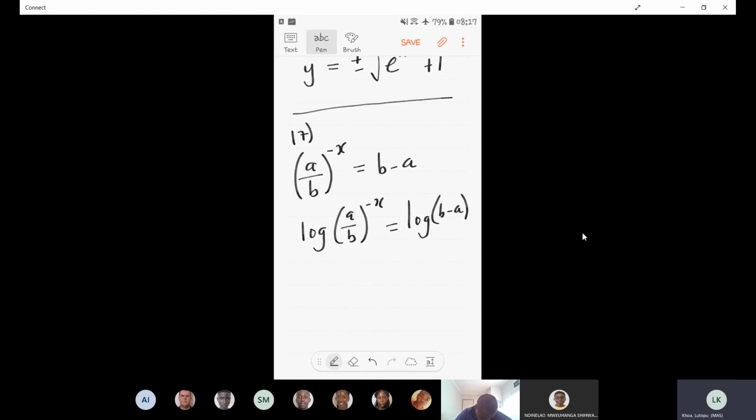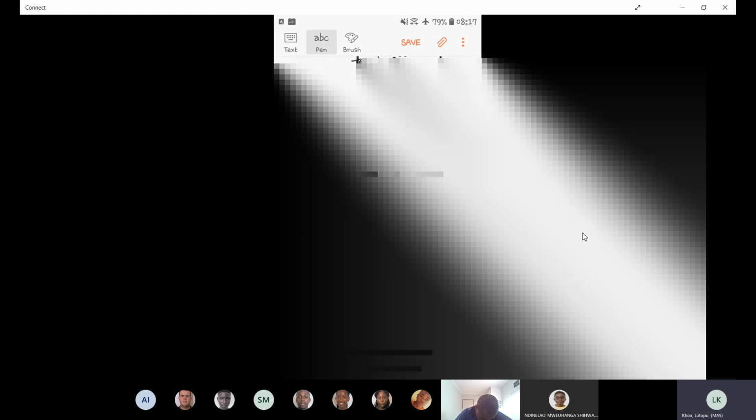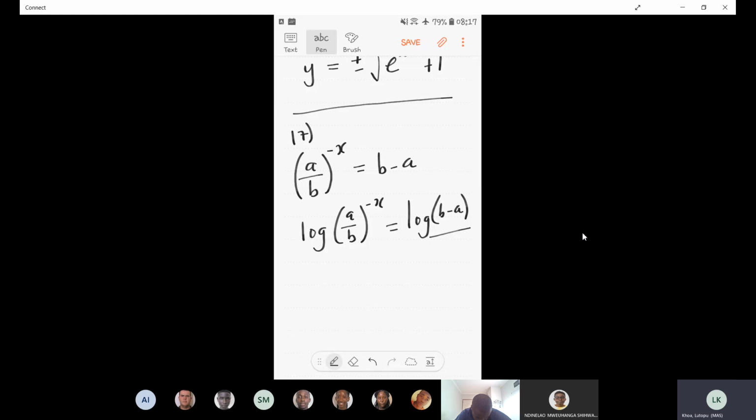Now this b minus a, I cannot split it up because there's no law of logarithms that say anything about that. So I cannot make this log a minus log b. That is not correct. So I have minus x log a over b. This is log b minus a.